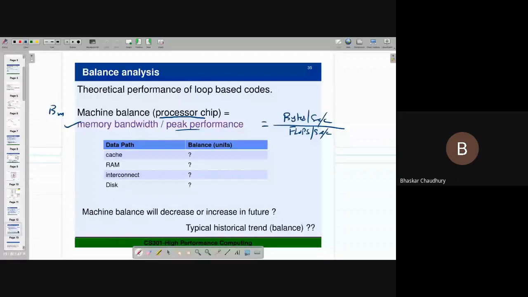Now these are very useful because there are actually different kinds of codes. I will go there later. Some codes are memory bound, some codes are compute bound. So if I give you a code, let's say matrix multiplication, the first thing you have to understand is which of these categories your code falls into: memory bound, compute bound, or somewhere in between.